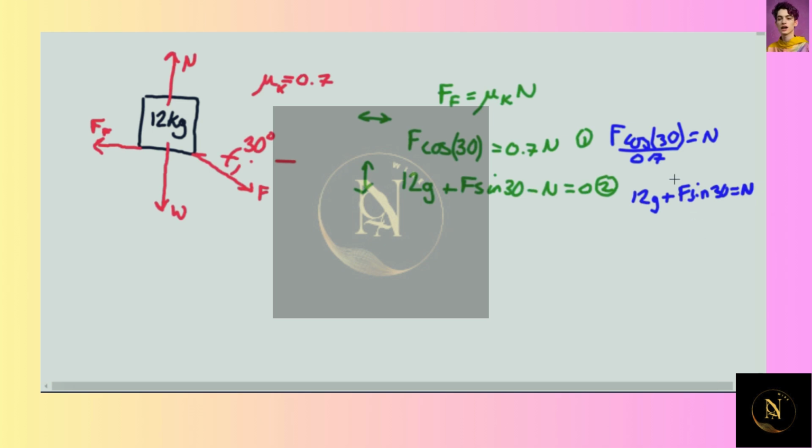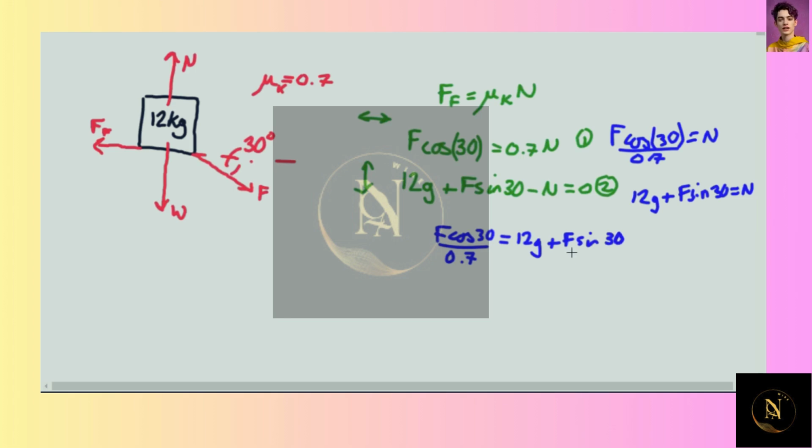Well, we can set these two equations equal to each other. And hence we get F cosine 30 over 0.7 is equal to 12g plus F sine 30.